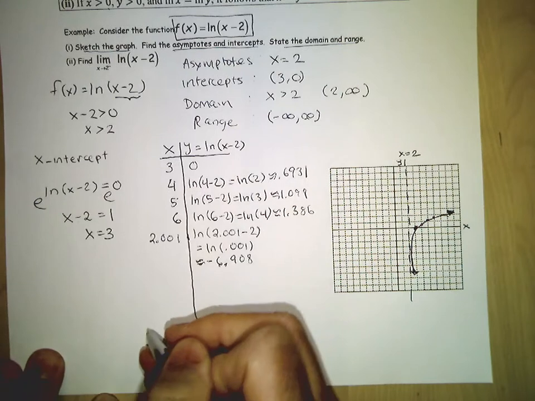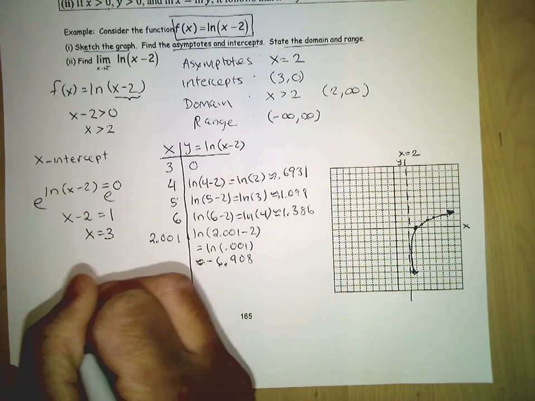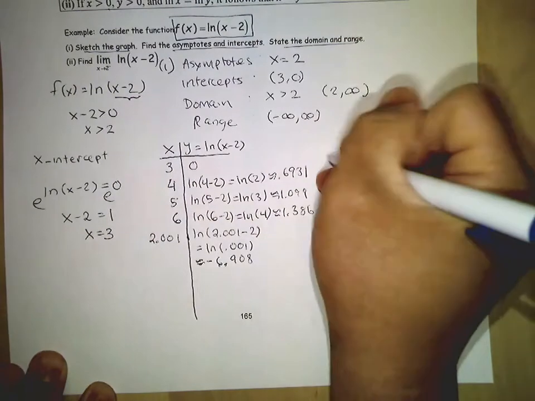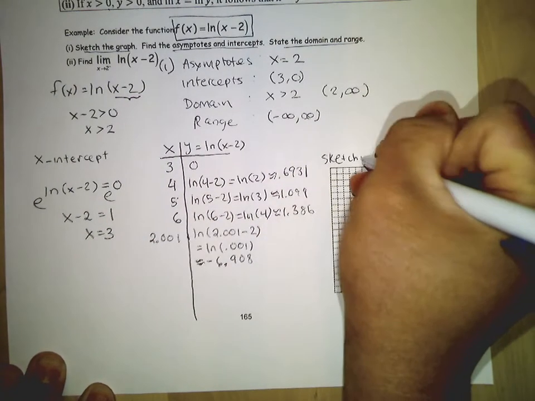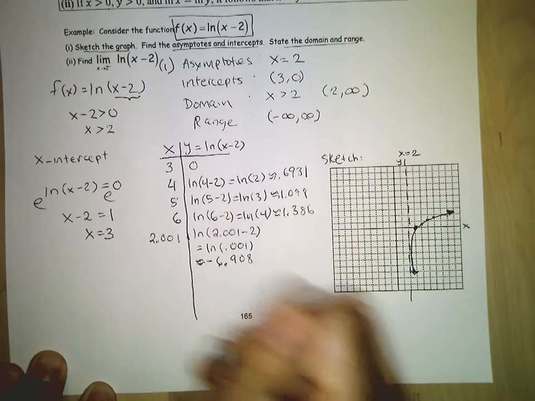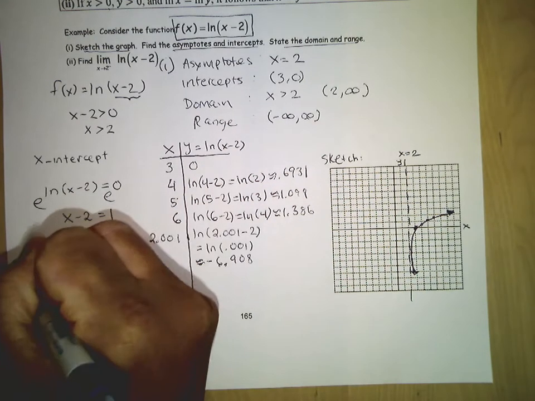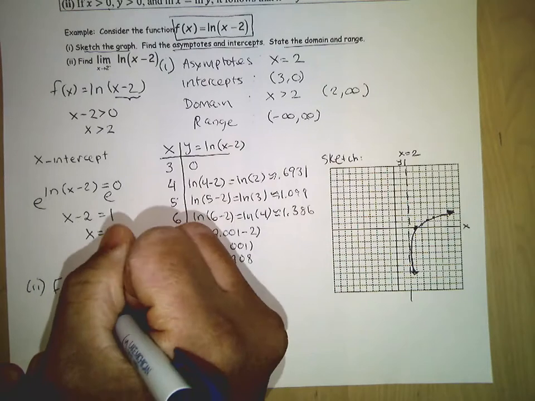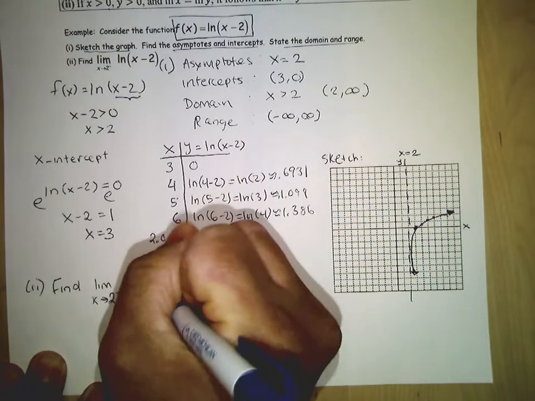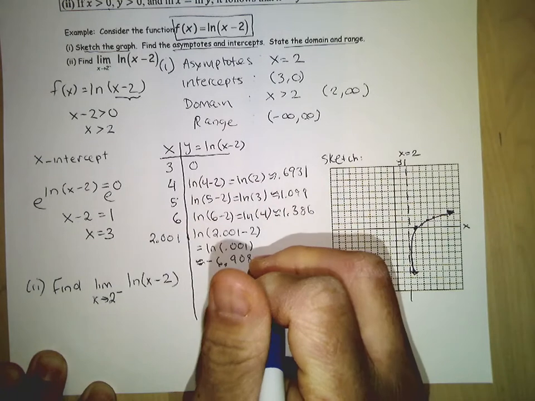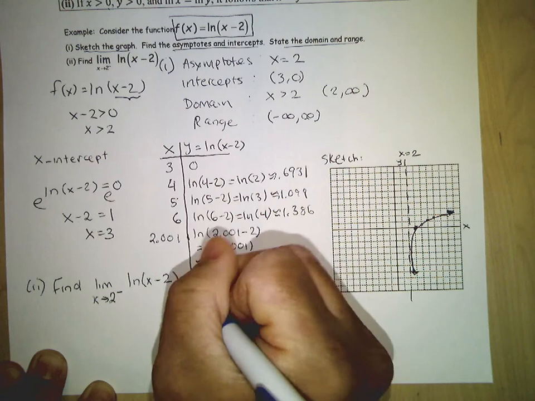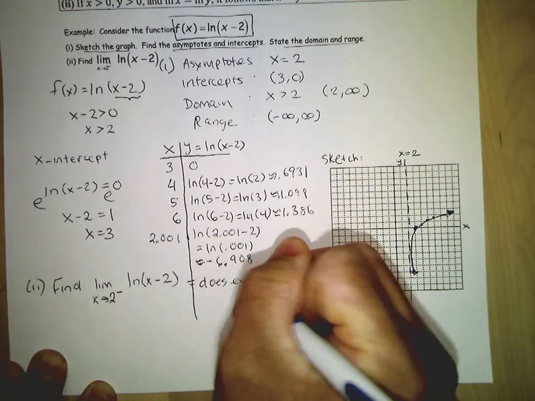All right, now for the second part of the problem, so this was all part 1, sketching the graph and finding the asymptotes and the intercepts in the domain and the range. So if I want to find the limit as x approaches 2 from the left of the natural log of x minus 2, well, this does not exist, right?